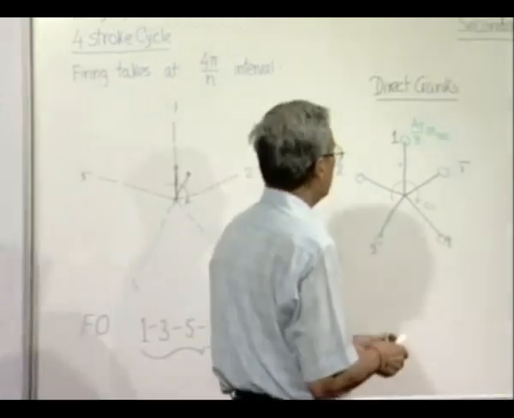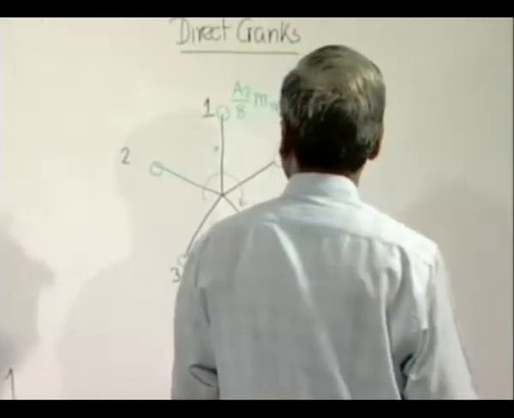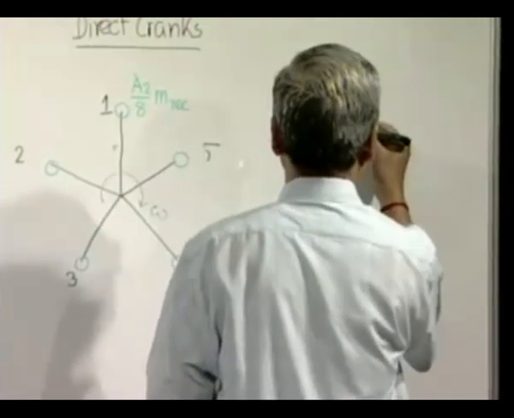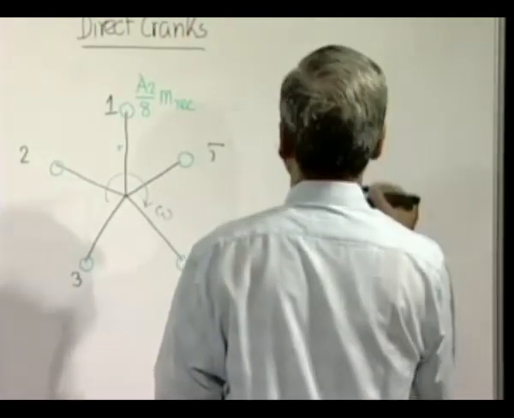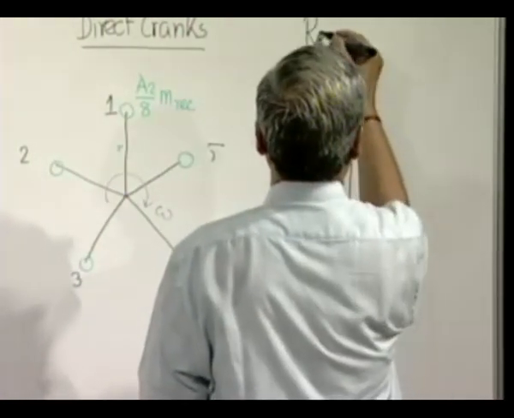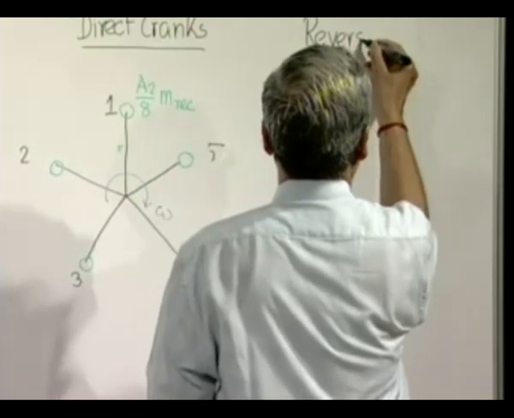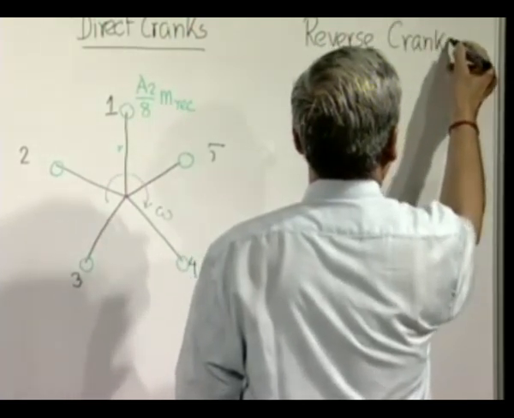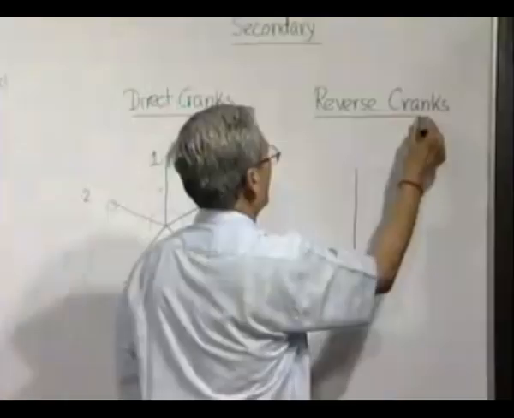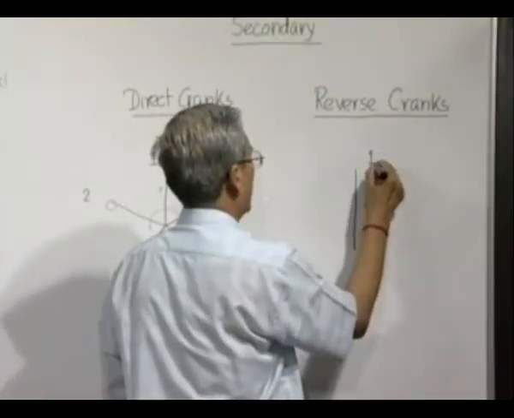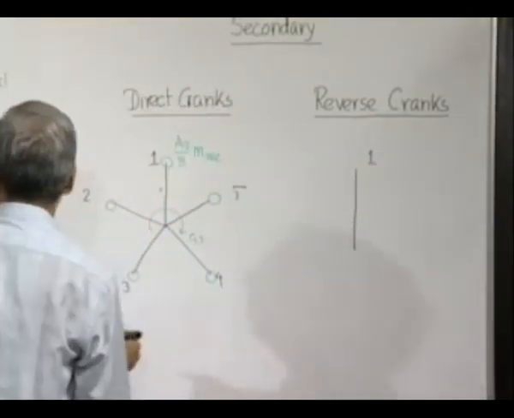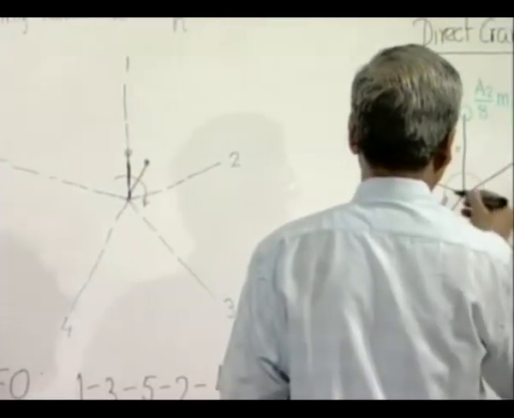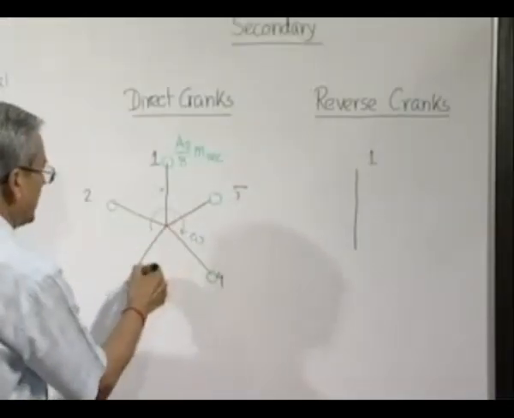If you now see the reverse cranks, for first cylinder it is the same reflection because the crank is along the center line, so it is here. For 2, the direct crank is here, so reverse crank will be here.